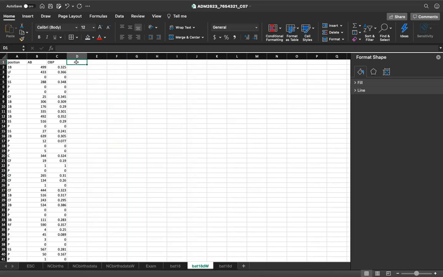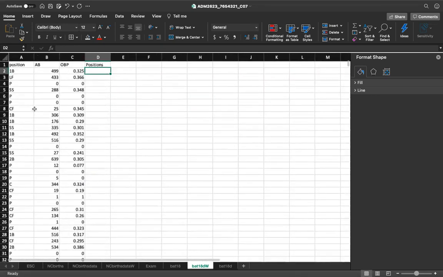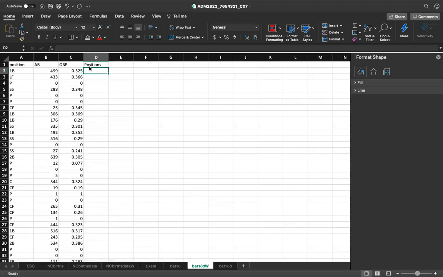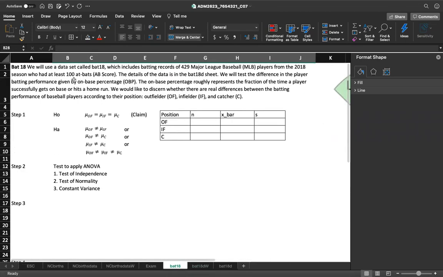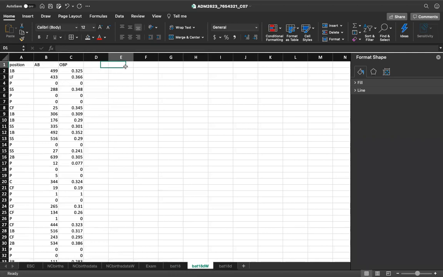First thing is we are going to create our variables for the positions. Also, before we do any calculations, because we are looking at at least 100 at-bat scores, what we can do is type AB and say that equals 100, and we can apply some advanced filters.